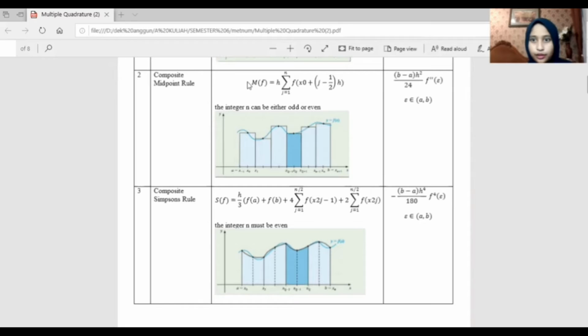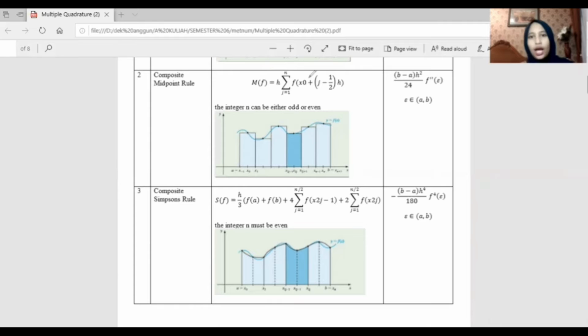Okay, and then the second is the midpoint rule. The composite midpoint rule, we have the code MF. MF equals h times sigma j equals 1 to N of the function of x0 plus (j minus 1 over 2) times h.